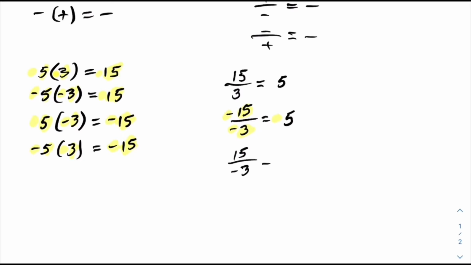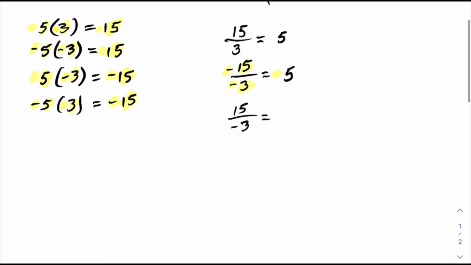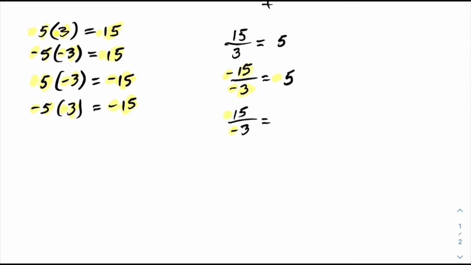If you have 15 divided by negative 3, no signs mean positive, divided by negative is negative. 15 divided by 3 is 5. Again, negative 15 divided by positive 3.